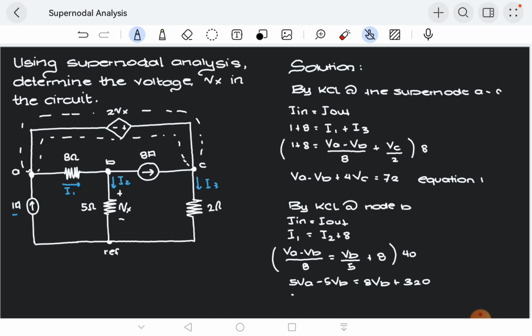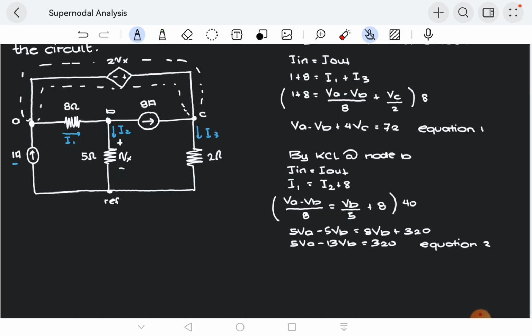And 5VA minus 5 minus 8, minus 13VB, equals 320. From the supernode, we can write VA minus VC equals negative 2Vx. But what is Vx?